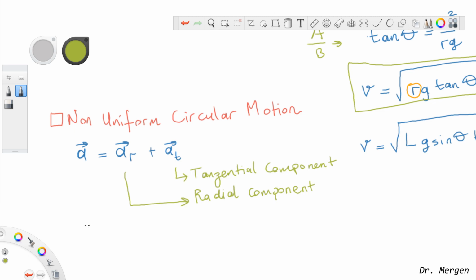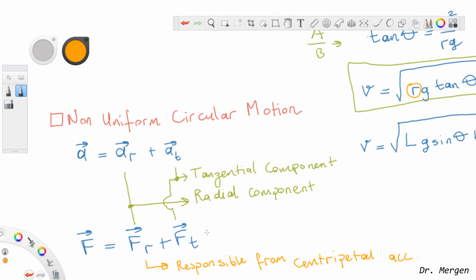Similarly, the net force acting on the particle also has two components in both radial and tangential directions. Here, the radial force is responsible for the centripetal acceleration, and Ft is responsible for the tangential acceleration.